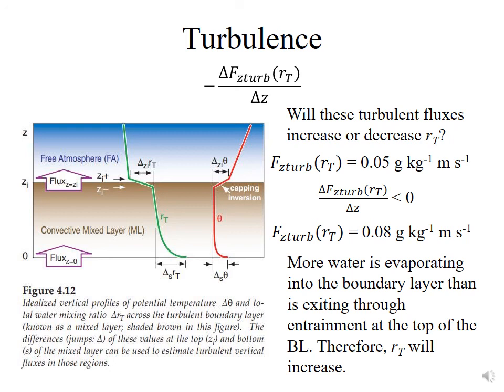And in the turbulence equation up at the top, you can see that the water storage is actually governed by minus delta FZ turbulence over delta Z. So in this case, we have more water that is evaporating into the boundary layer than is exiting through the top of the boundary layer through the process of entrainment. And therefore, the total water mixing ratio will increase over time because we're evaporating more than is escaping through the top of the boundary layer. And that's actually a fairly common situation.